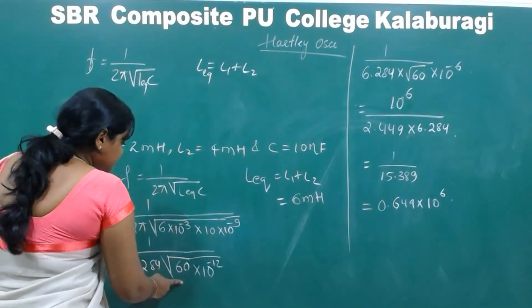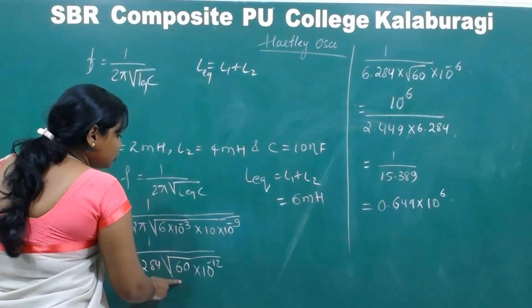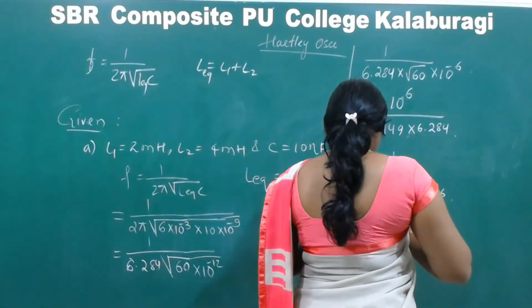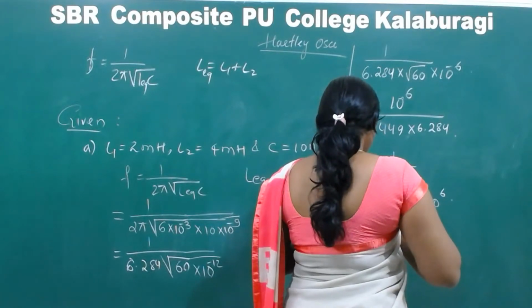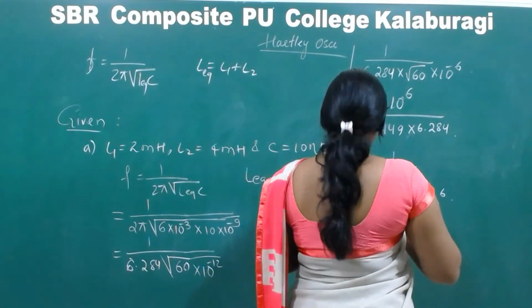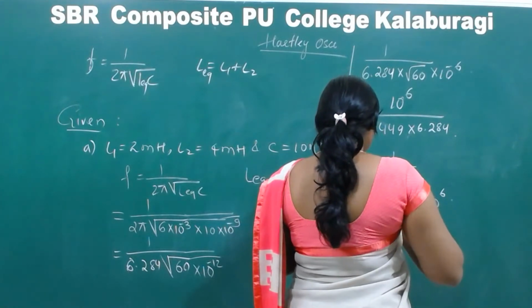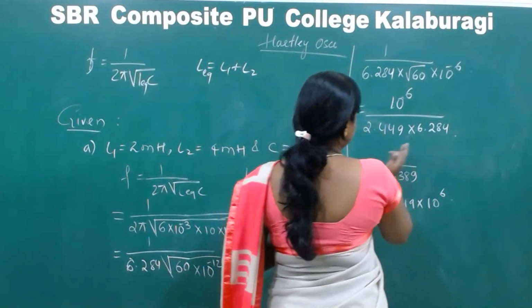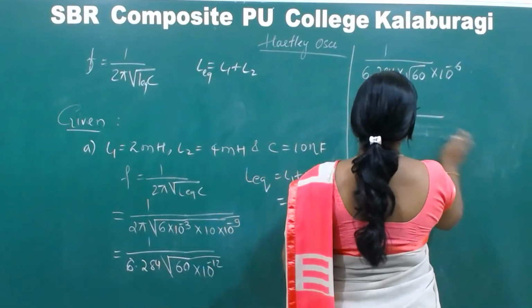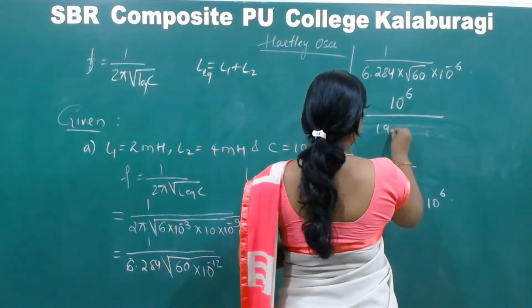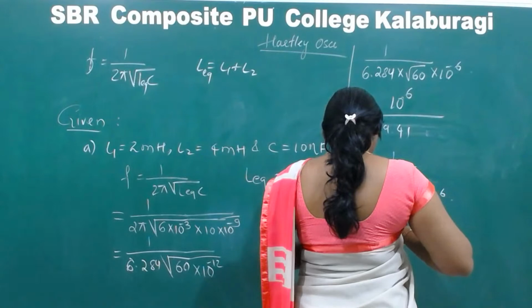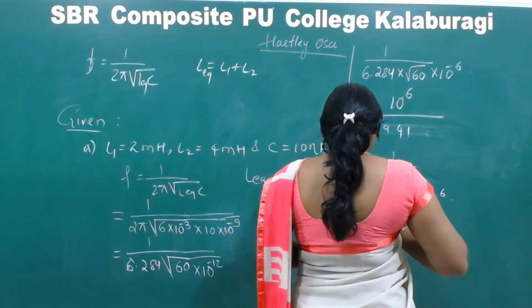Root 60 into 2 pi, root 60 into 6.284 is 19.14. 1 divided by 19.41.